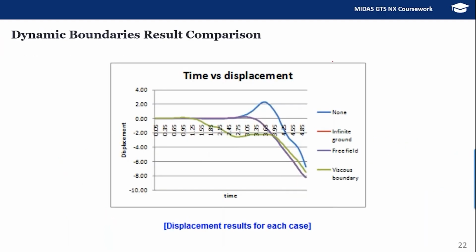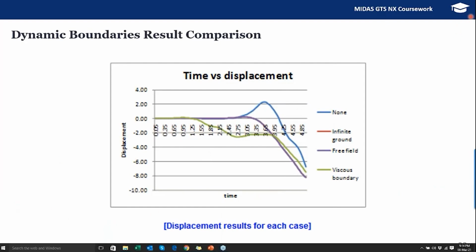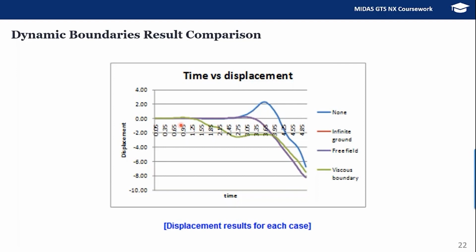And now we'll see the comparison of results by considering different dynamic boundary conditions. Here, let's say none, that means no dynamic boundary has been applied. In that case, you can see the behavior is abnormal, which is why we need to go for infinite boundary conditions.